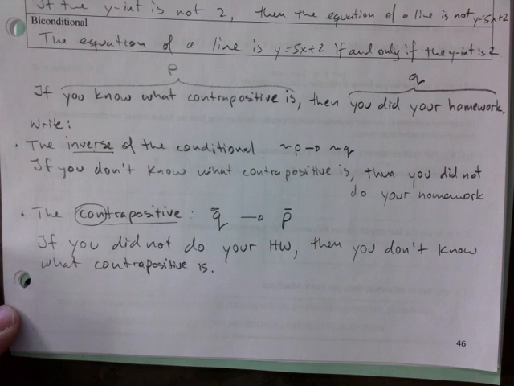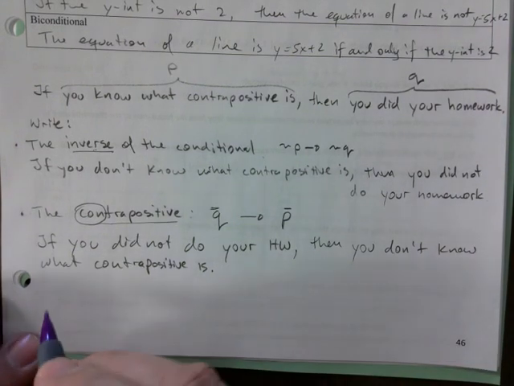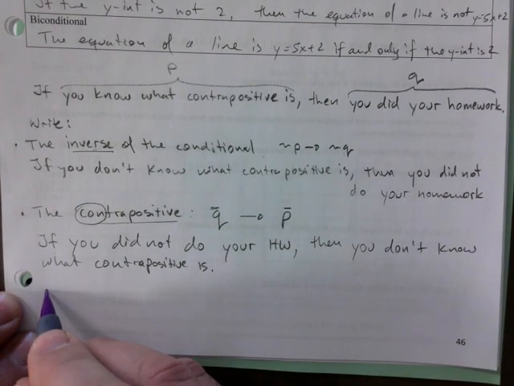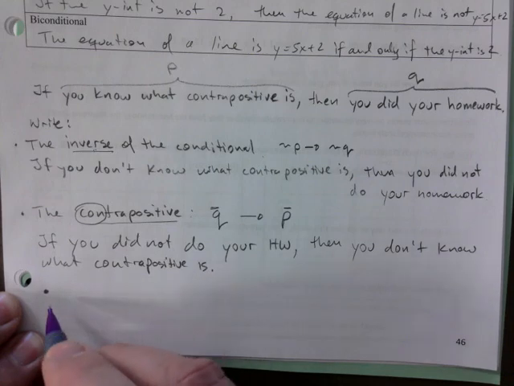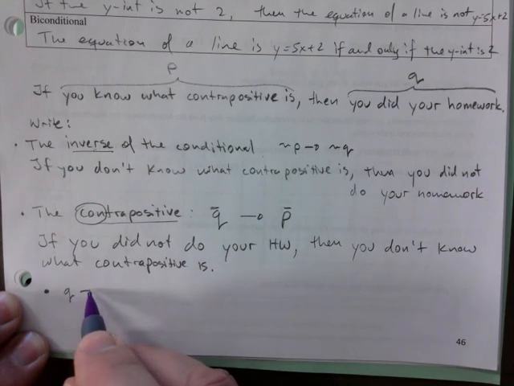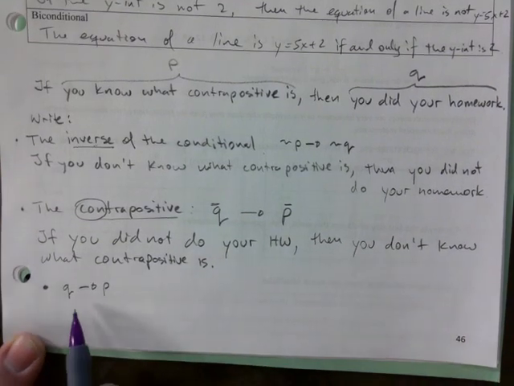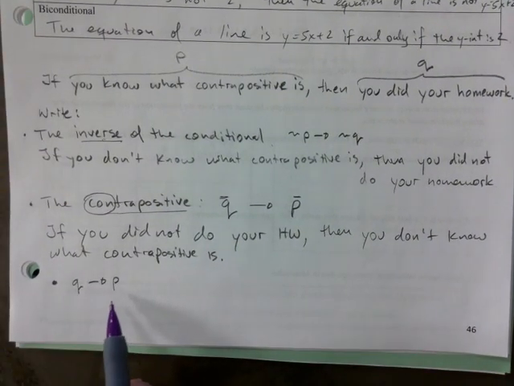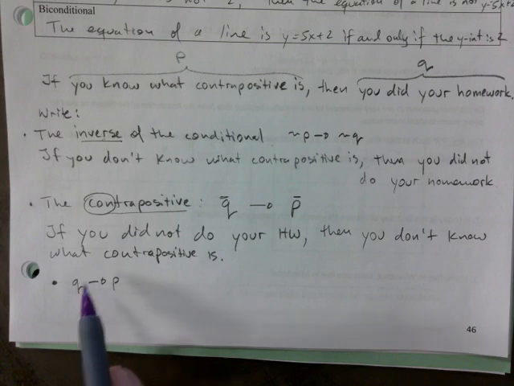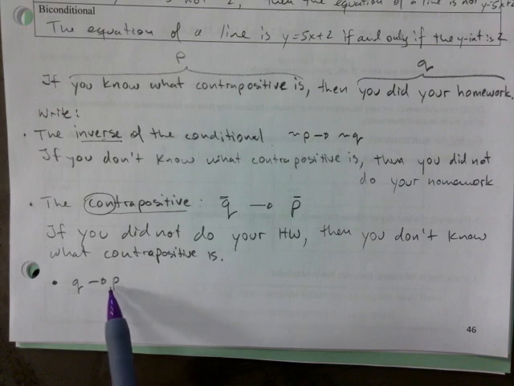All right. What else could I do? I could just write Q, then P. If I just told you that, you should be able to say, oh yeah, this is an if-then statement where Q is first, then it's P. And if you go to your study sheet, what is this?